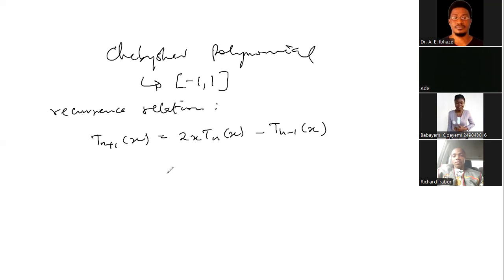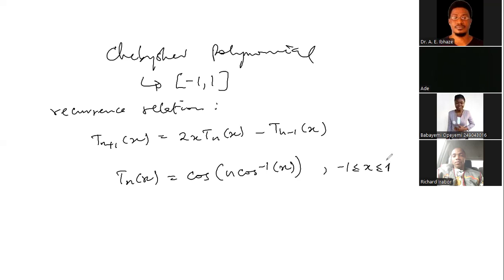And also, we see that the Chebyshev polynomial could also be defined in terms of the trigonometric function, such as Tn of x is the same as cos of n cos inverse of x, for x taking on values from -1 to 1.